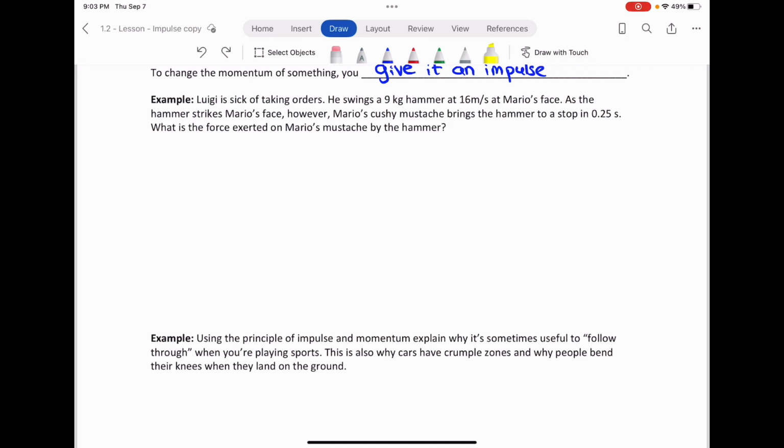So I'll do my best to draw a little bit of a diagram for you here. I think Mario's the red one, so let's start with red. There's Mario, and here's his cushy mustache.